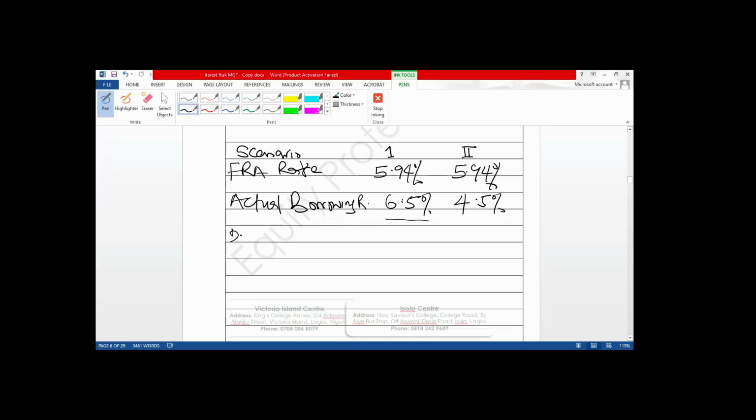The difference, please compute and give me this figure. 0.56%. Second scenario, you have agreed to borrow at 5.94%. On the actual borrowing date, you borrow at 4.5%. That means you have achieved a gain.